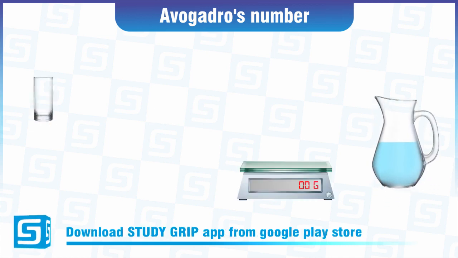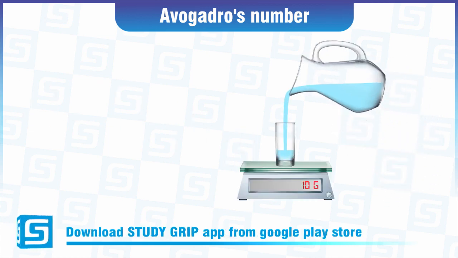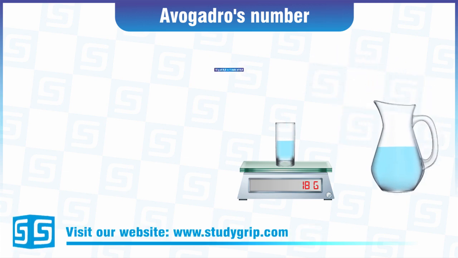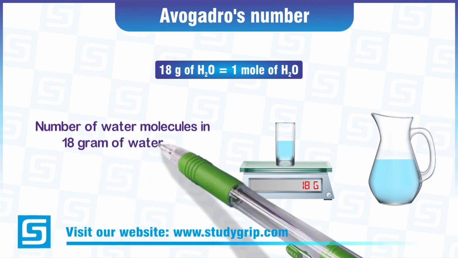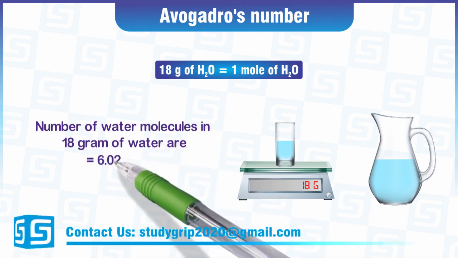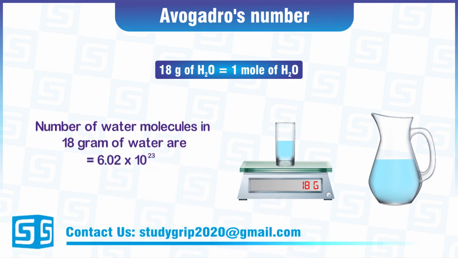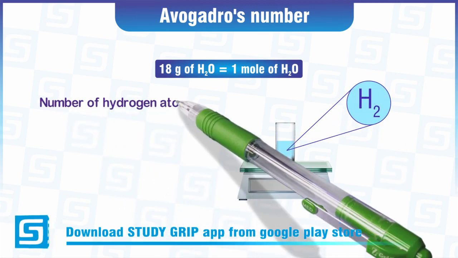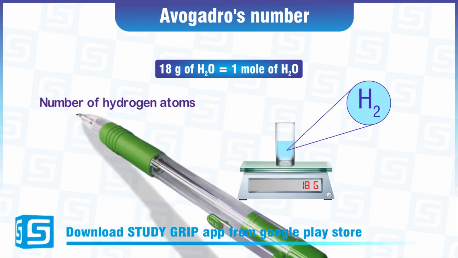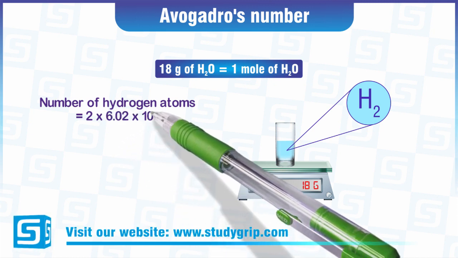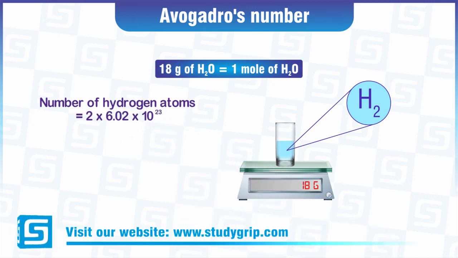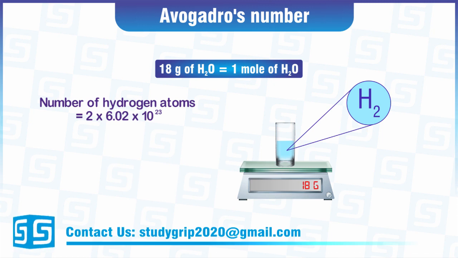Let us have 18 gram of water. We know that 18 gram of water is equal to 1 mole of water. The number of water molecules in 18 gram of water is equal to 6.02 × 10^23. The number of hydrogen atoms in 18 gram of water is equal to 2 × 6.02 × 10^23, as 1 molecule of water contains 2 hydrogen atoms.